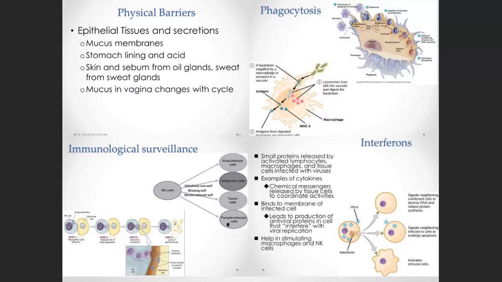cells. So if a natural killer cell, and that's what this graphic here is showing you, determines, all right, this guy is not acting right, this guy is virus infected, this guy is a cancer, or this guy is not self, we know that they are going to dock onto the cell.